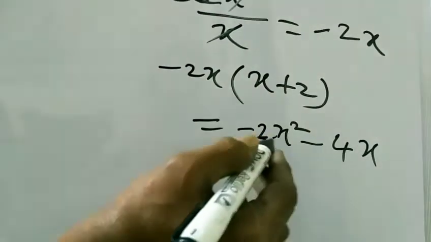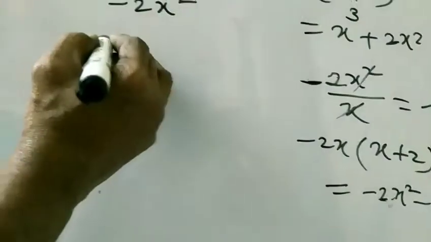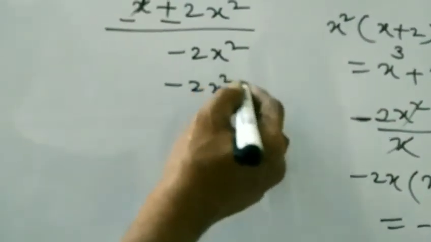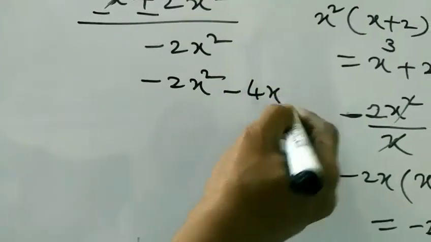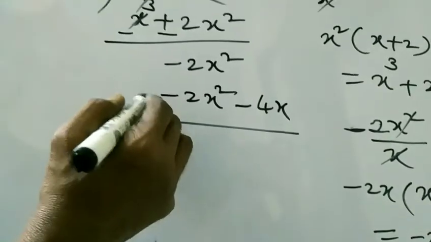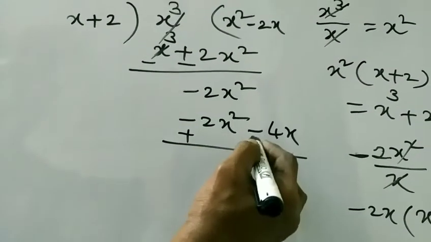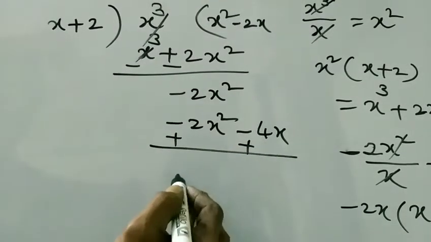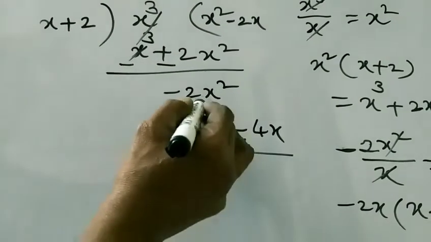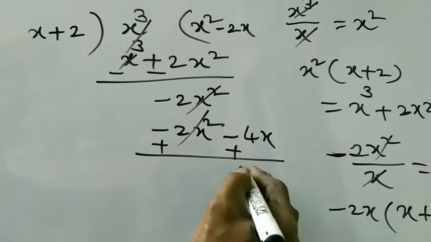So here we got minus 2x square minus 4x. On subtracting, the symbols have been changed here. Plus becomes minus, minus becomes plus. Here also minus becomes plus. So plus 2x square minus 2x square both are cancelled. The remaining is plus 4x.